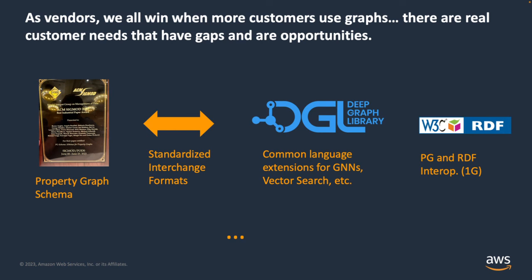We're all approaching different aspects of graph-based machine learning, GNNs, and various different integrations with LLMs. If we can align approaches, as we do with language extensions and other pieces, to give customers common APIs and common ways to do that, I think it's something that will benefit all of us. And of course, on the Neptune side, we made a very explicit choice to support both the RDF model and the property graph model.